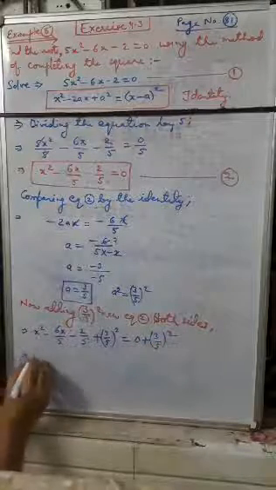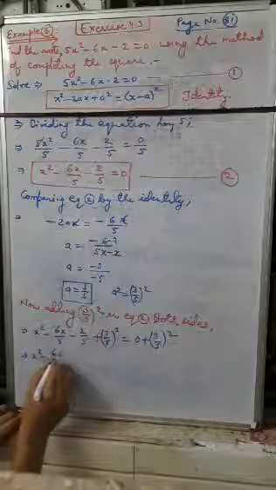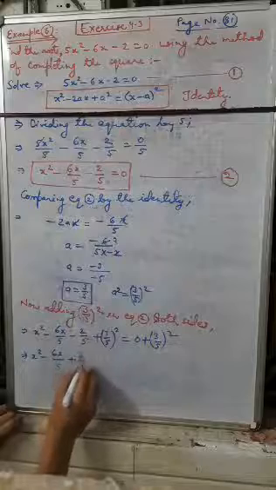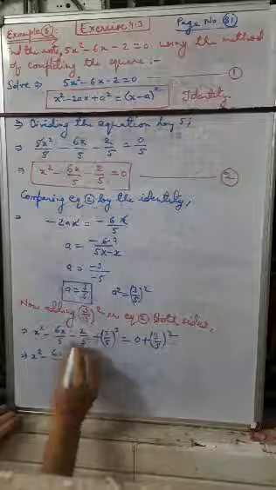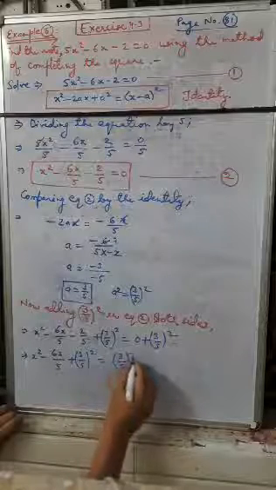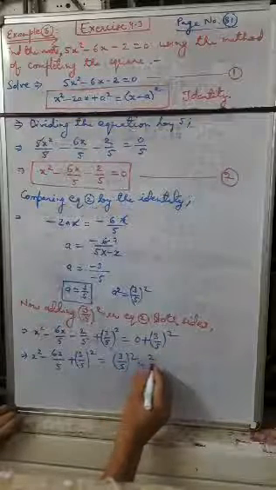So now we are getting x square minus 6x by 5, arrange this one, 3 by 5 whole square, and minus 2 by 5 will be transferred at right hand side. So it will become plus 2 by 5.